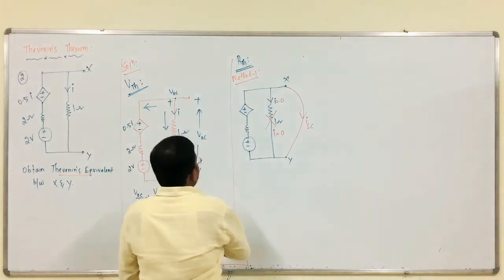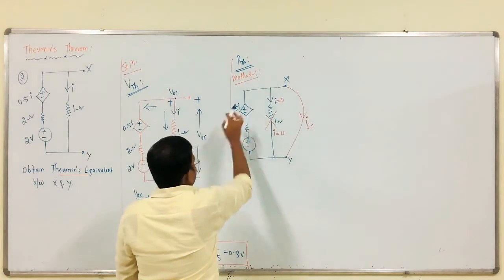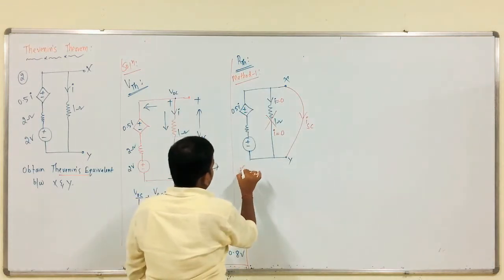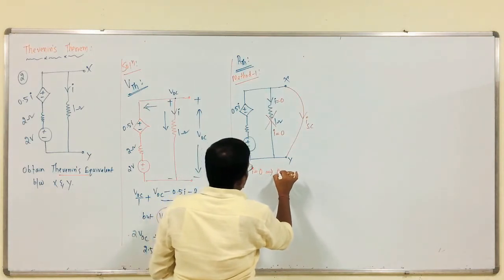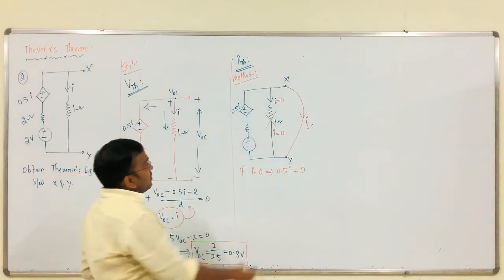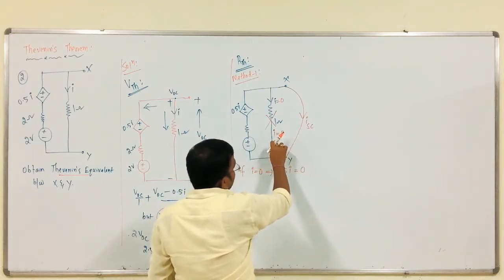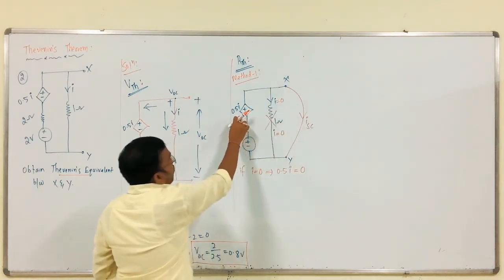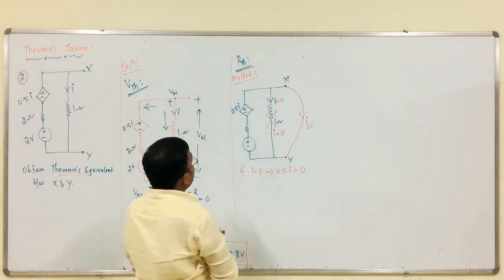So, what is the value of here? 0.5 I. Therefore, if I is equal to 0, then 0.5 I is equals to 0, right. So, because of this short circuit path, I is equals to 0 in this branch. If I is equals to 0, the value of this dependent source is also 0. Therefore, the circuit becomes what?